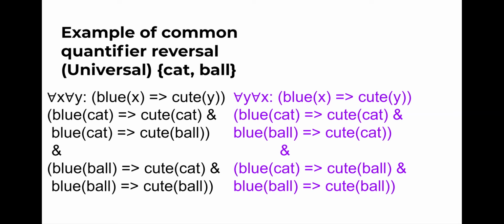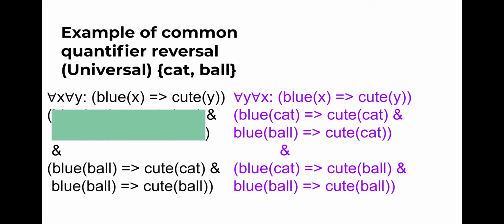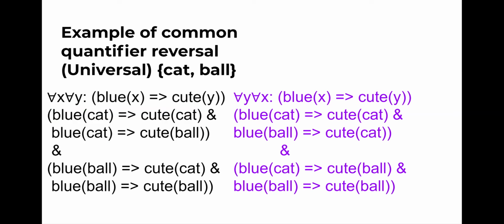But it's also the case that we can recognize that the first clause here that I cover up with the green box contains blue of cat as the antecedent for the implication, which is to say each of those implications, because the cat's not blue, or at least let's assume the cat's not blue, then each of those implications evaluates to true. Both of them evaluate to true, okay? Or alternatively, both of them could evaluate to false. Perhaps it's a little bit easier to recognize the significance there.